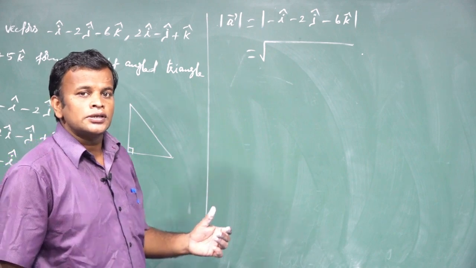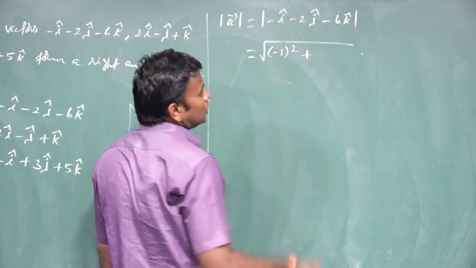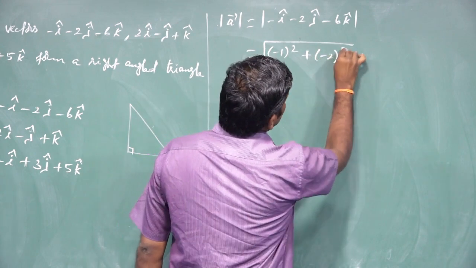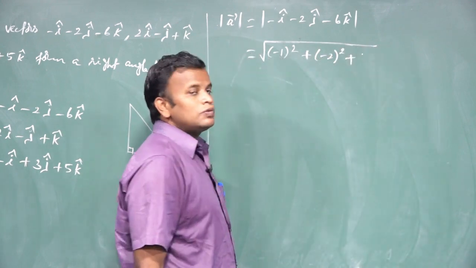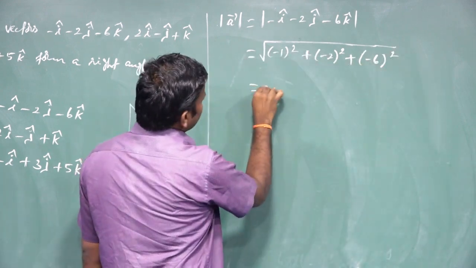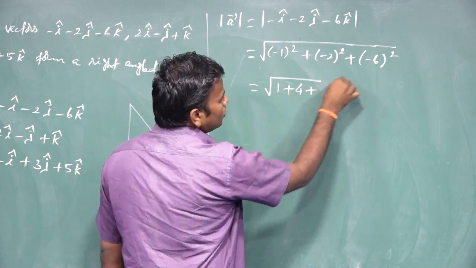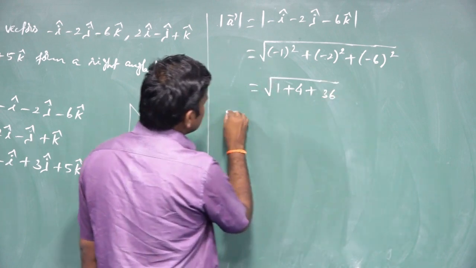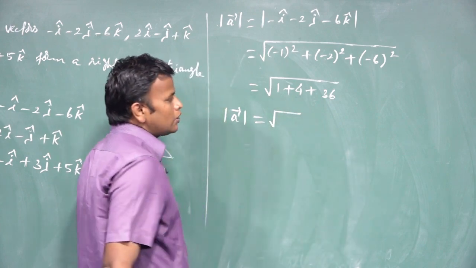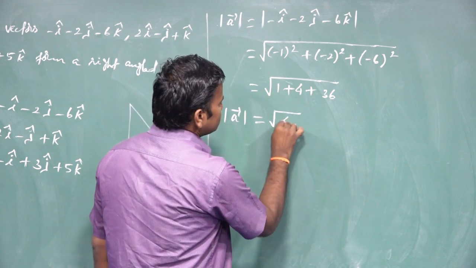The first step is the coefficient of i cap, minus 1, so minus 1 the whole square, plus the coefficient of j cap, minus 2 the whole square, plus the coefficient of k cap, minus 6 the whole square. Square root of 1, minus 2 the whole square is 4, minus 6 the whole square is 36. So modulus A vector value is equal to square root of 36 plus 4 is 40 plus 1 is 41.